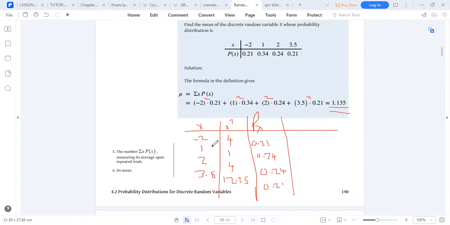So to find the mean, x and xpx, we multiply these two. So -2 times the probability of x.